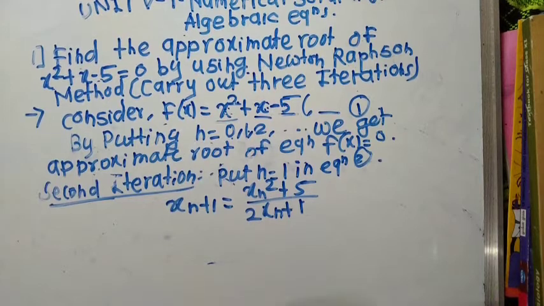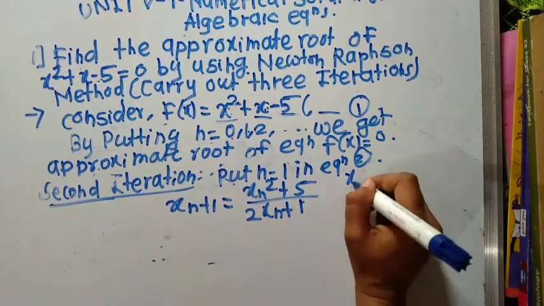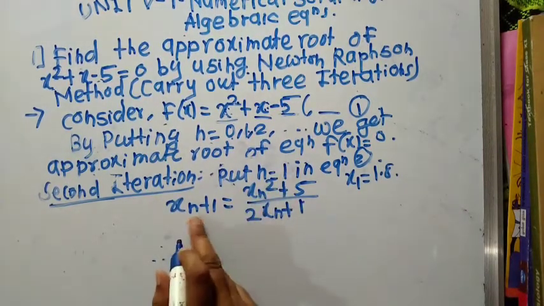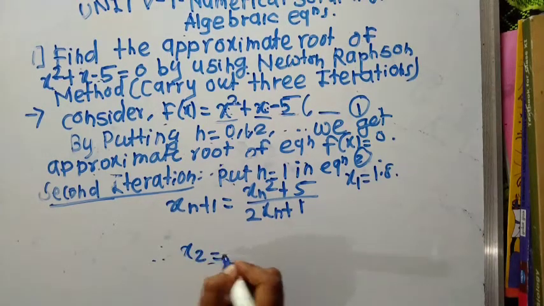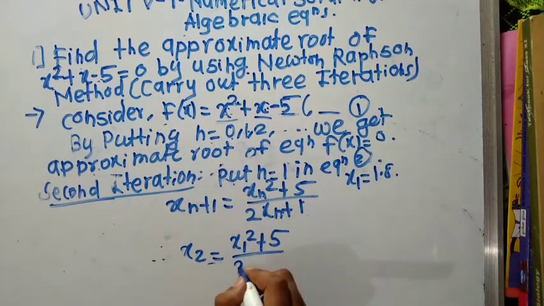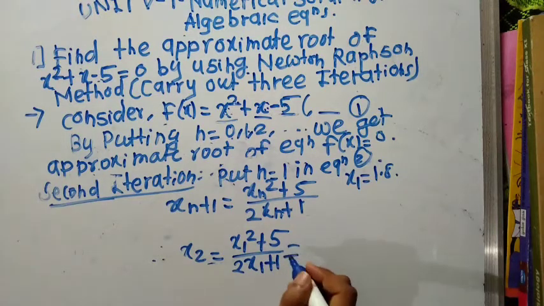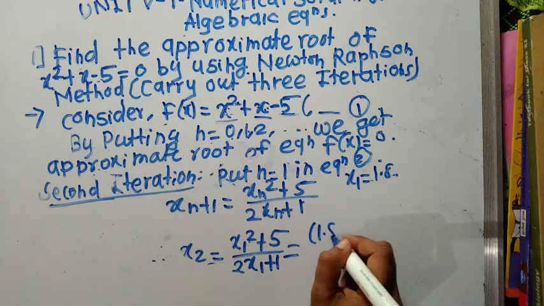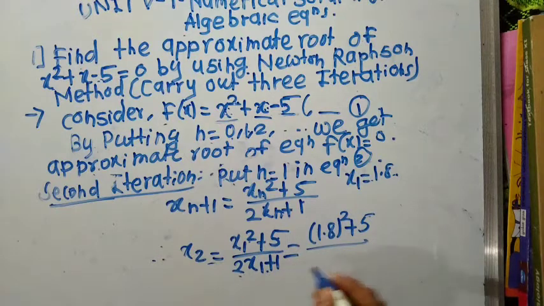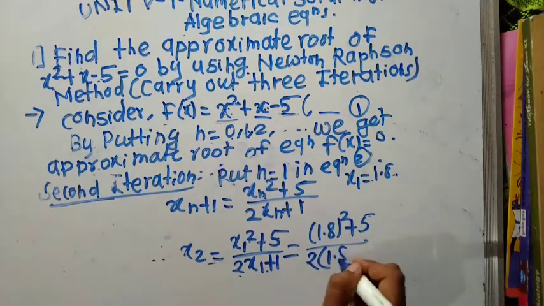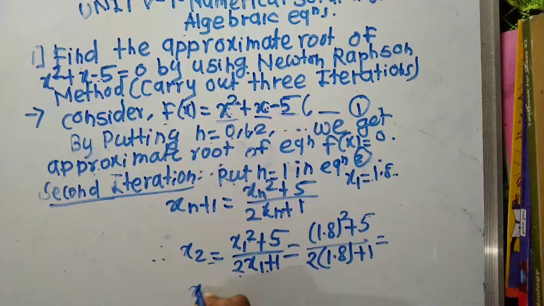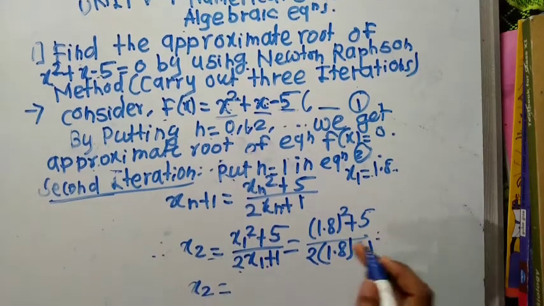Put the value in this equation. Now here x1 is equal to 1.8. So put n is equal to 1: 1 plus 1 is 2, and x1 square plus 5 divided by 2x1 plus 1. So x1 square means 1.8 square plus 5 divided by 2 into x1, x1 is 1.8, plus 1, and which is equal to, so x2 is equal to, find its value.